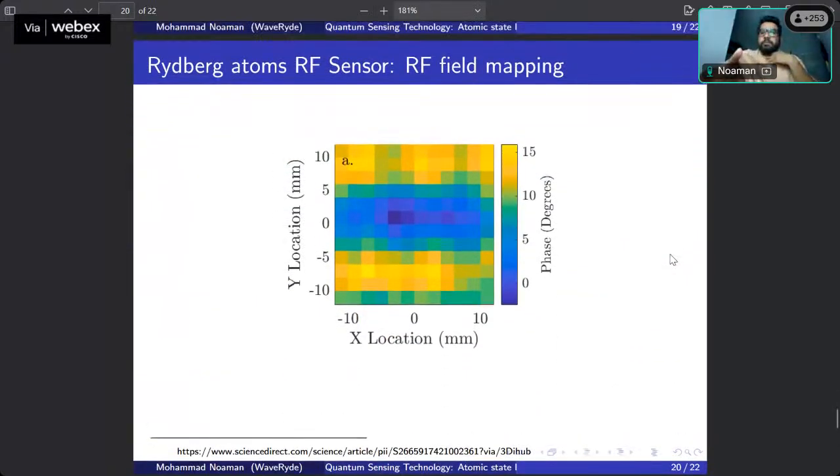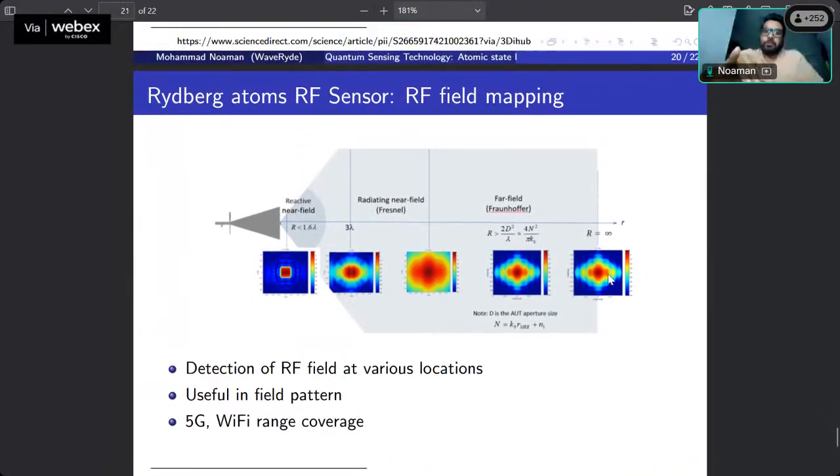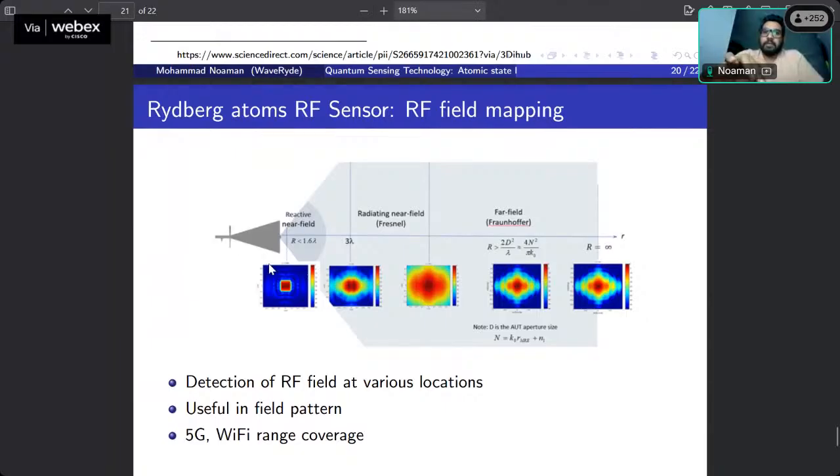This example just shows RF field mapping around some surface. You can take the sensor, move it around close to any surface, and you get some field pattern. And just to show you a bigger picture, you have an antenna, you can map the field very close, at some distance, and further distance, and there are different interesting zones where the field patterns are very different.